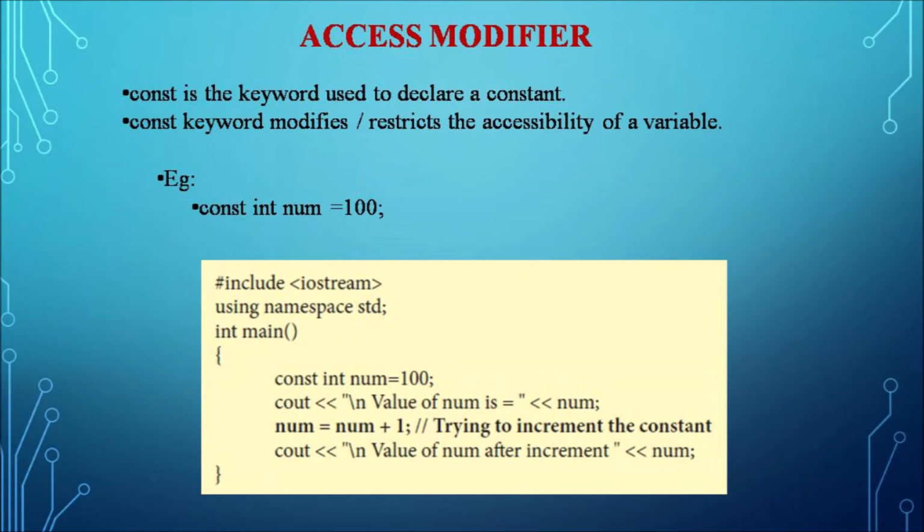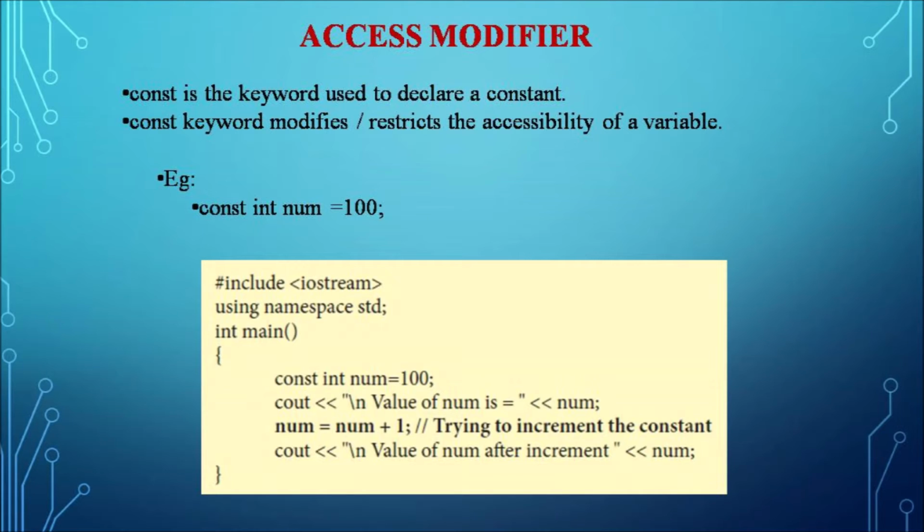The first topic is access modifier. From the name itself, it means that it is going to modify, or rather restrict, the accessibility permission of a particular variable. If a variable is declared based on this access modifier, it is not possible to modify it.